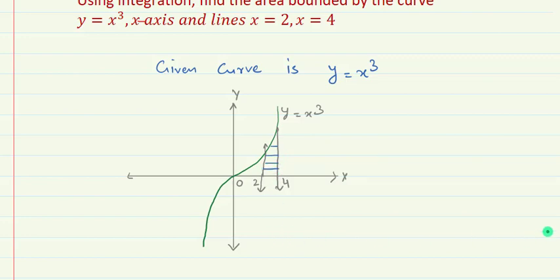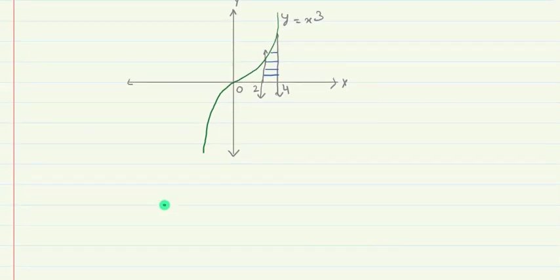And this area can be written in integration by using required area is equal to integration over the limit 2 to 4. Then we need to write the function in terms of x as we are calculating area with x-axis. So in terms of x, if we write, it is simply x cube and then dx.